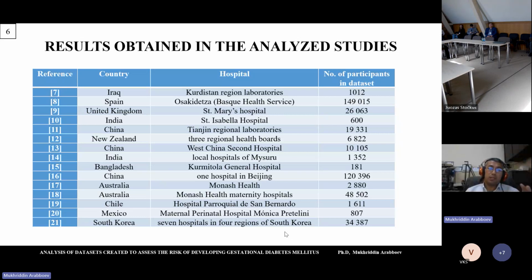You can see that in different countries, research is conducted for developing datasets for GDM. For example, in Spain, Basque Health Service Hospital, in India, St. Isabel Hospital, and so on.